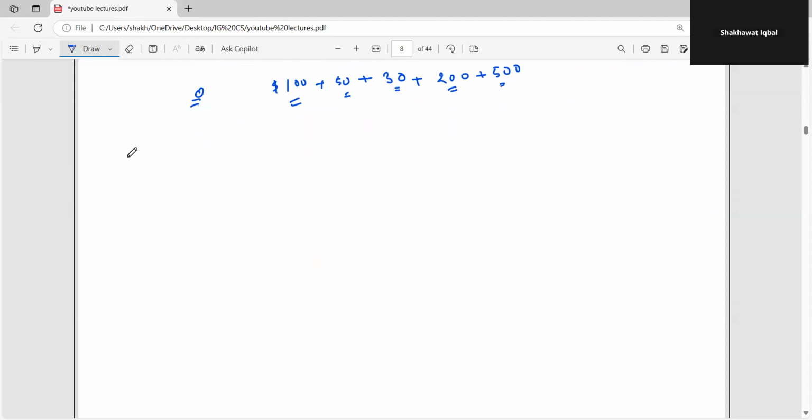Again, one thing you have to remember: for example, write a program to find the sum of 5 numbers. If you read the question, what type of numbers?